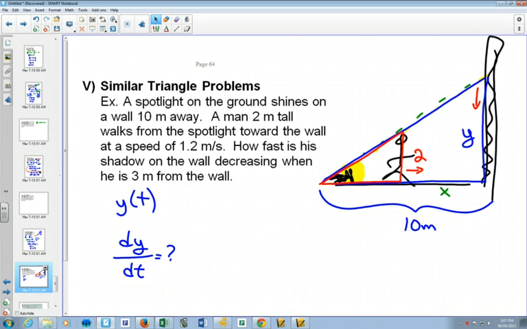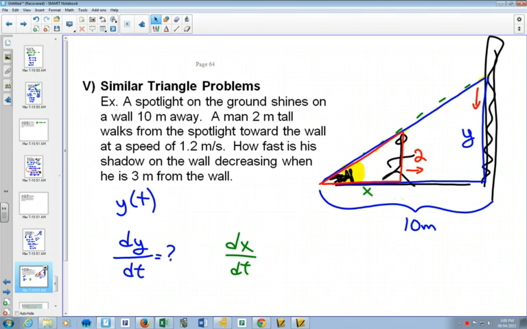You'll get the right answer whether you put it here or here. What's going to change is whether your dx/dt is positive or negative. Can you see that if I have the x where it is right now, as he walks towards the wall, that x will be getting smaller? Then you would need to make your dx/dt negative 1.2.